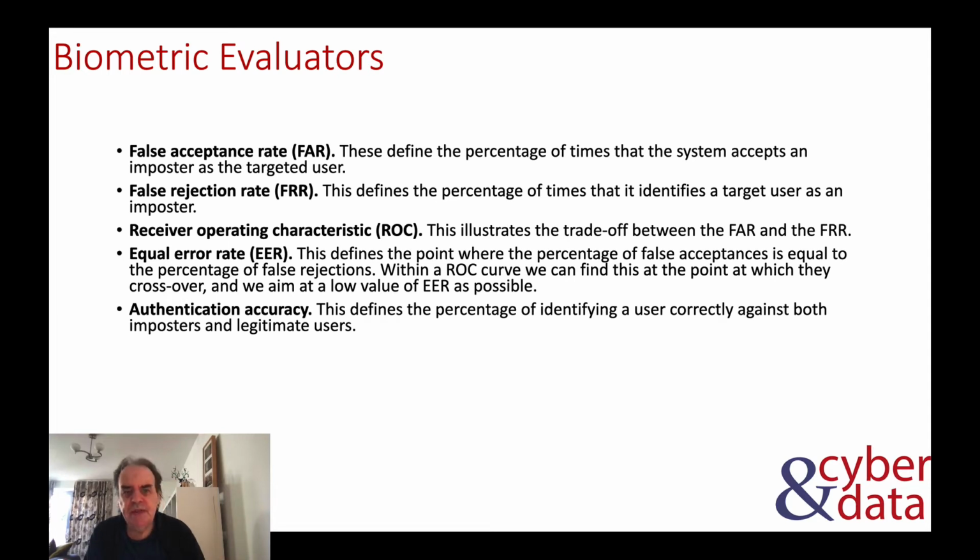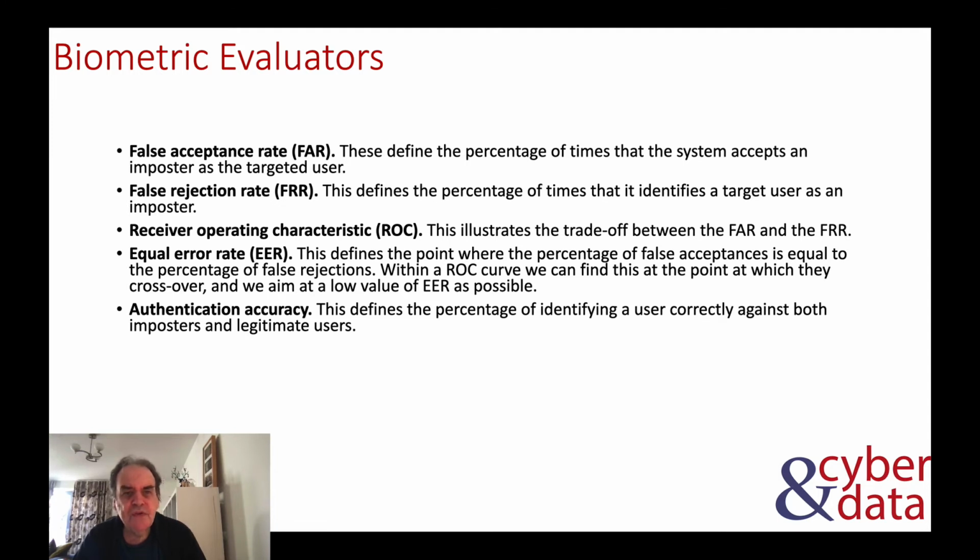Okay, so there's a few things that we need to account for in terms of biometrics. A false acceptance rate, and so that's the times that the user will be identified falsely on the system. The false rejection rate is the percentage of times that identifies a target user as an imposter.